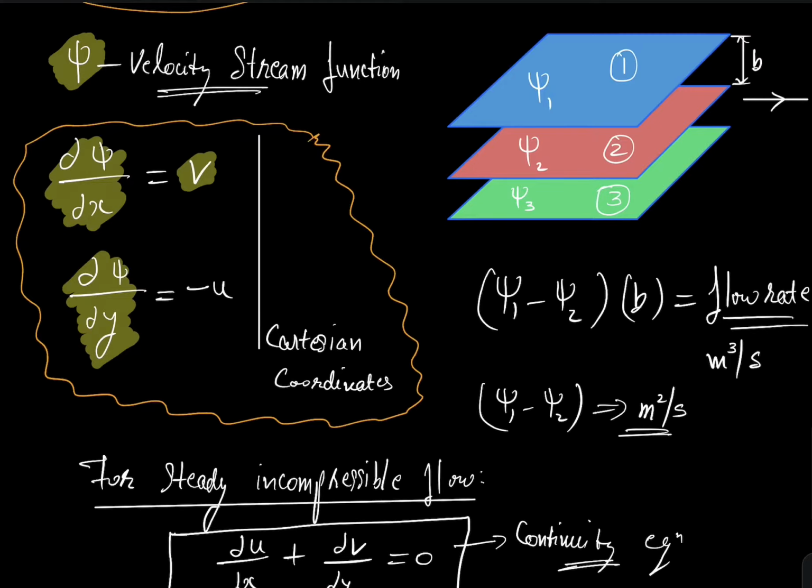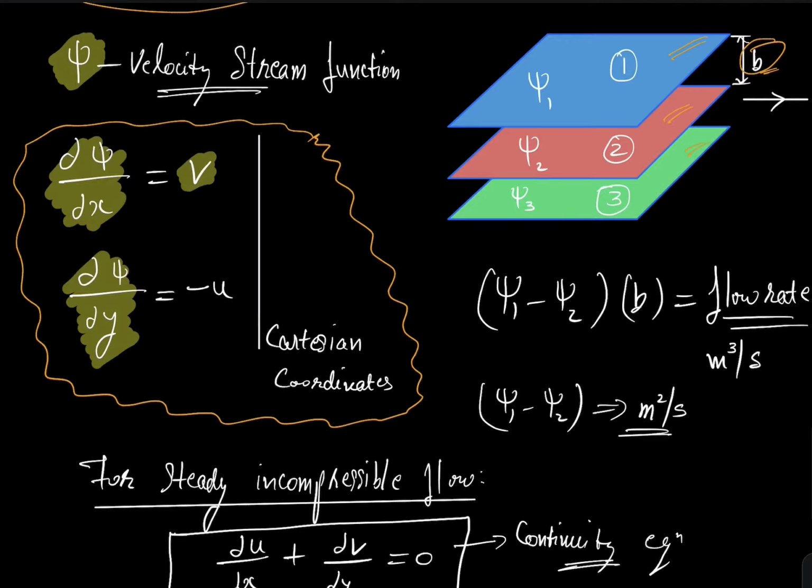Fine. Now there is one more very interesting concept related to velocity stream function. Let's say here I have lamina 1, lamina 2, and lamina 3. Now let's say the distance between two laminas, lamina 1 and lamina 2, is b. This one. The distance between two laminas is b. So what is interesting?